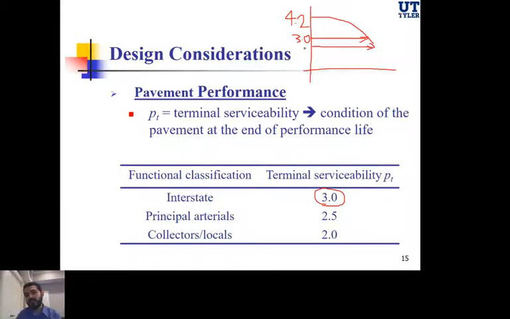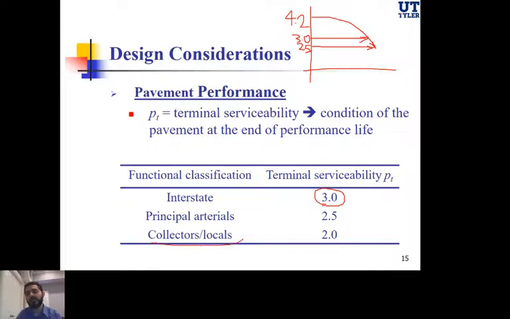If it's a principal arterial, I can wait until it's 2.5. So the terminal serviceability can be 2.5 for a principal arterial, and again it can be smaller roadways. For example, in the city of Tyler, we have Loop 323. So I can wait until the performance of the pavement is 2.5.